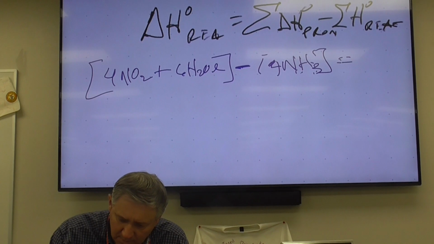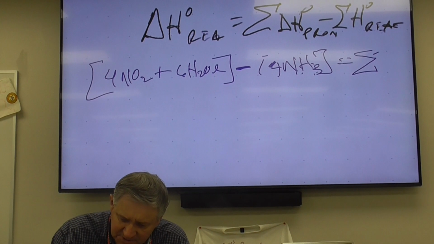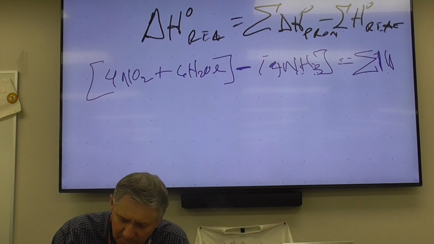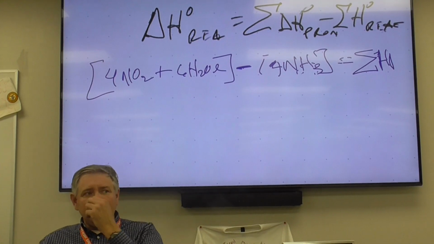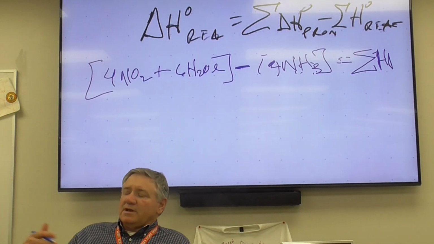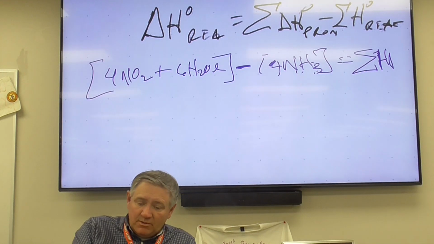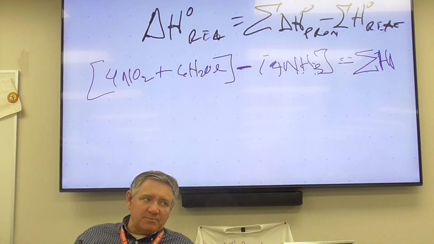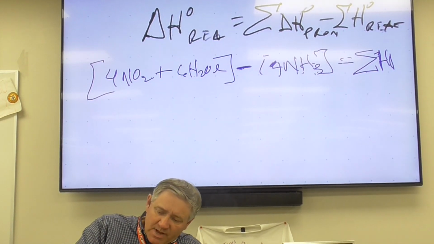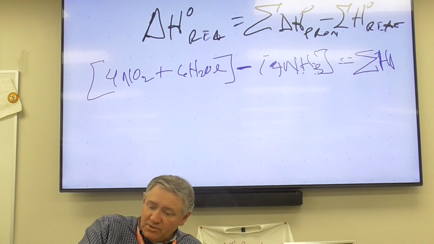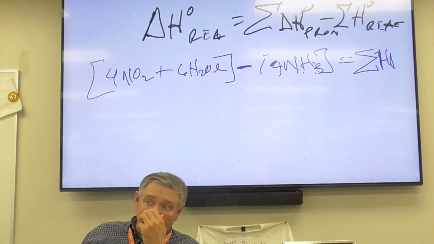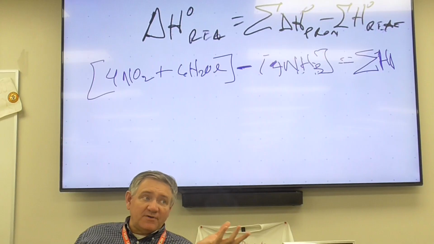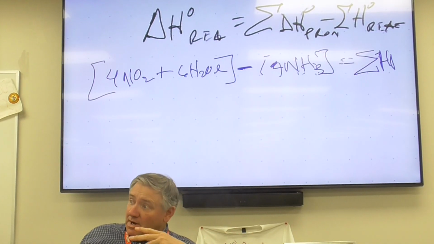Is going to equal my overall delta H for the reaction. Now, it's handy if you think this through, because sometimes we have an algebra problem. In lab, you will know the delta H for a reaction and you're trying to find one of the reactants or one of the products.